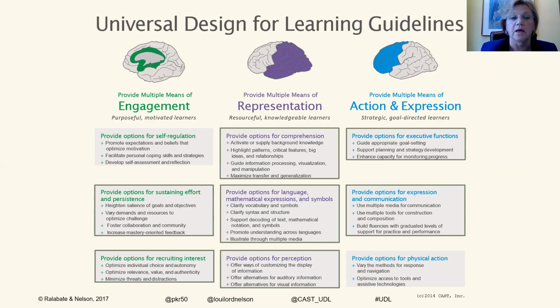It doesn't mean that you ignore the others, because they're all important. But for English learners, one of the major issues you're going to find is, for example, recruiting their interest. How do you make your lesson or your learning environment culturally relevant for them? And how do you build in ways to sustain their interest and their effort?